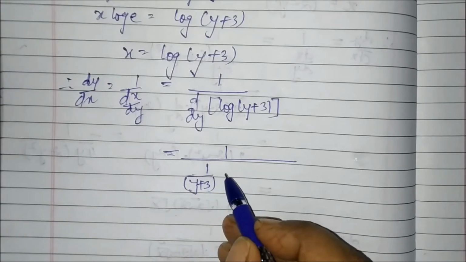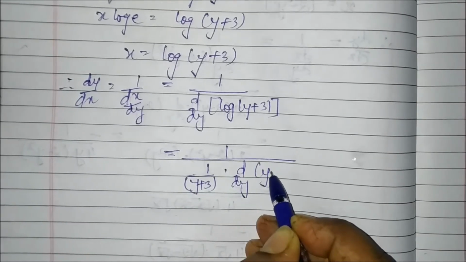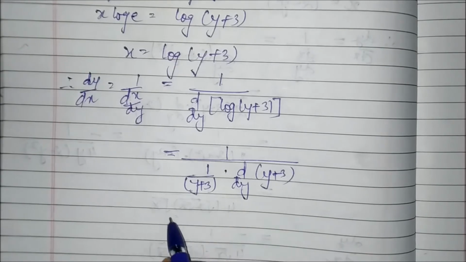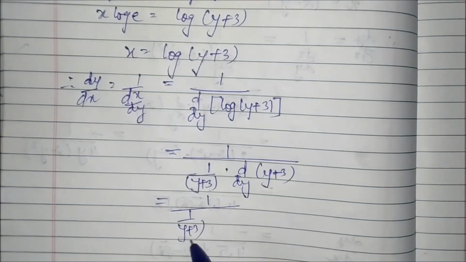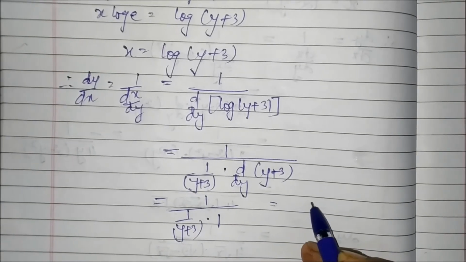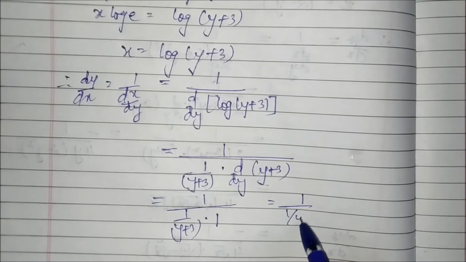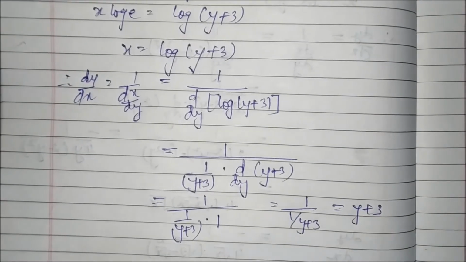One upon y plus 3 into d by dy of y plus 3. Okay, 1 upon 1 by y plus 3 into the derivative of y plus 3, which is 1. So we have 1 upon 1 by y plus 3, which will be y plus 3.